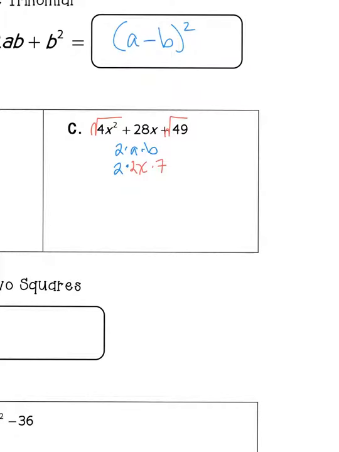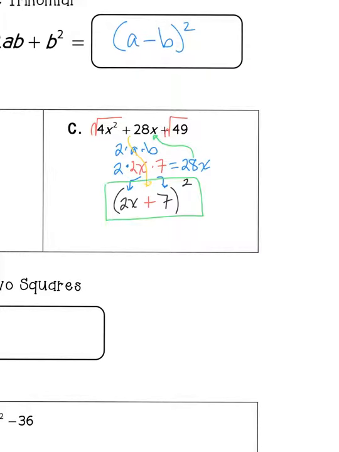So 2 times 2 is 4, 4 times 7 is 28, times the x is 28x, and so it matches. So immediately, this is the factor pattern. So these are going to go here. So I've got a 2x here and a 7 here, and then the sign of the middle term is going to come down there in the middle to be a plus. That's all there is to it.